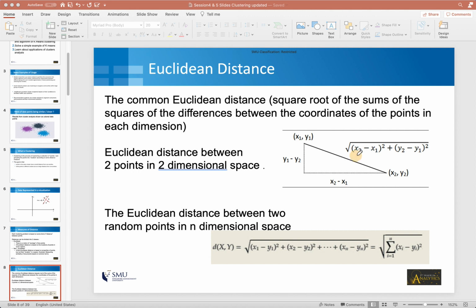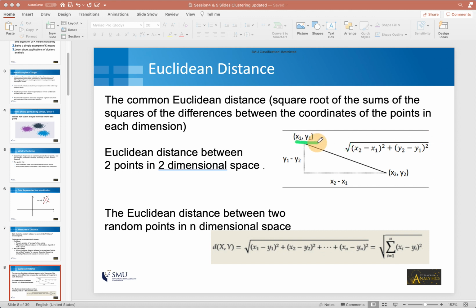You take the difference of the first coordinates, x2 minus x1, and the difference of y2 and y1, you square the differences and sum them up, and then you take the square root of that.